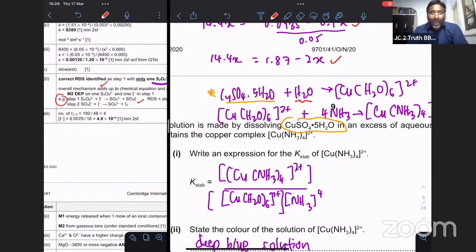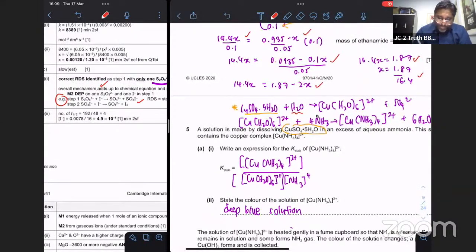I will remove the sulfate, because it is 2−, and you can say that this sulfate is going to be a spectator ion. So whatever it is, when you add excess aqueous ammonia, this is going to be changed into this.